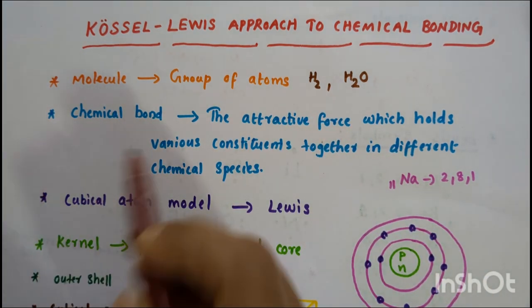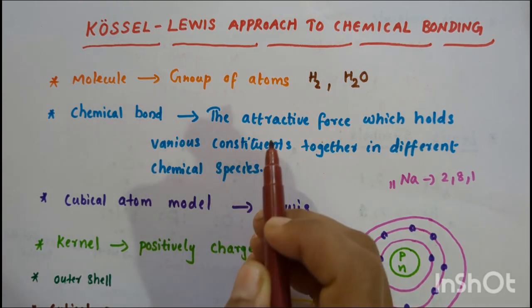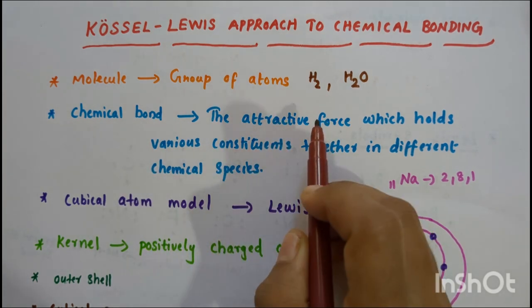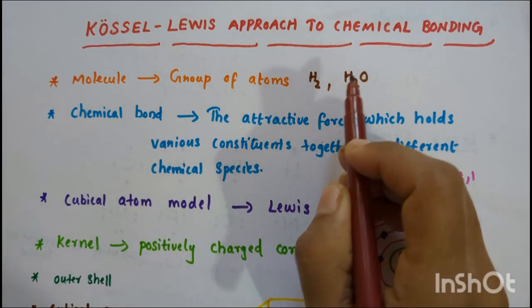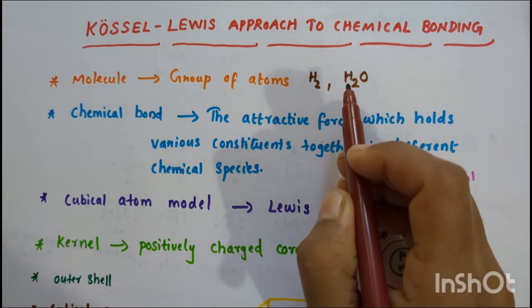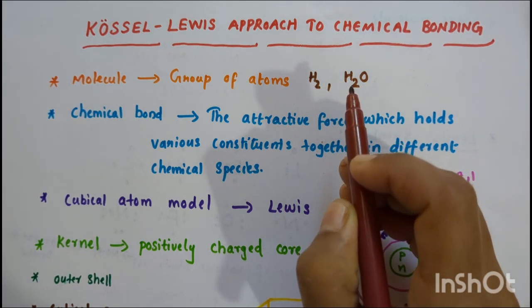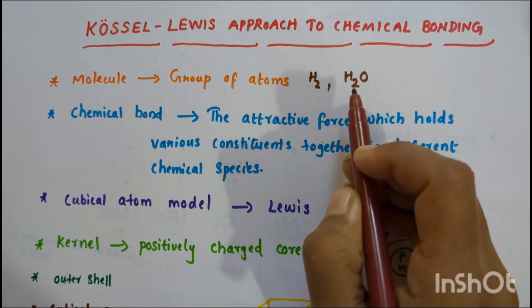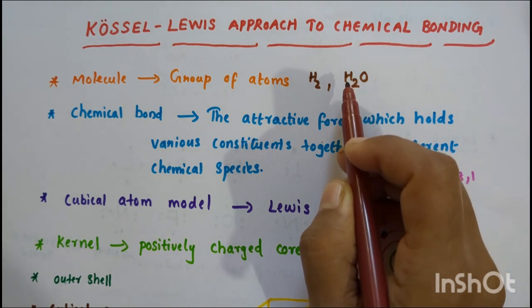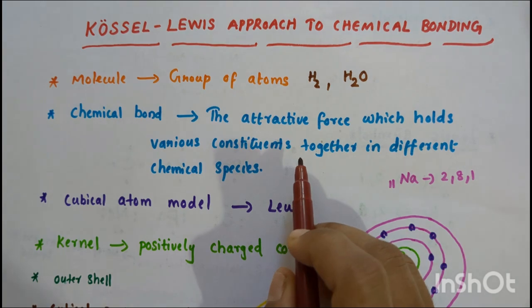There must be some force which holds these constituent atoms together in the molecule. When you consider a water molecule, there are two hydrogen atoms and one oxygen atom, so there must be some force which binds all the three atoms together to form a water molecule.